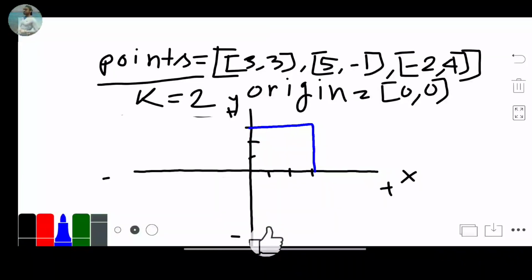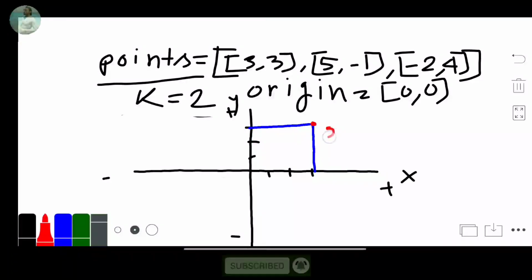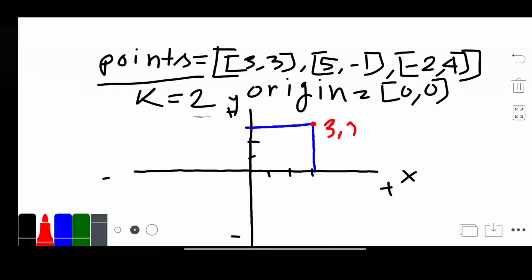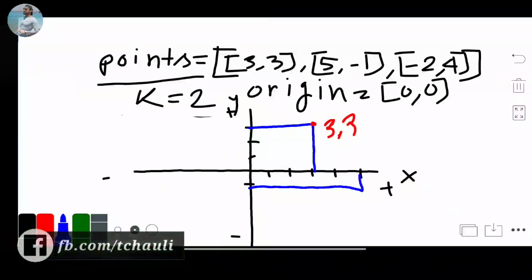First point is this one, that is (3, 3). The next point is (5, -1), so 3, 4, 5 and minus 1, this one.